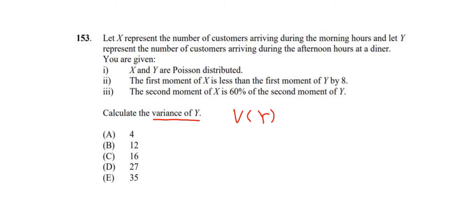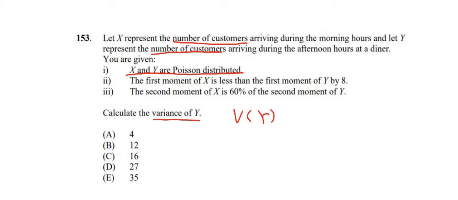Let's say Y means the number of customers during the afternoon hour. Okay, and X is for the morning hour, also the number of customers. During a certain time, how many people will come. Those things usually follow a Poisson distribution. So X and Y are Poisson distributed, right?